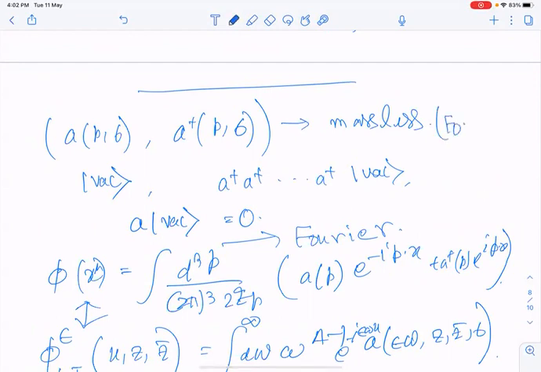Okay, so that is the free theory. So you have the vacuum, then you create states by acting with these A daggers, and A acting on the vacuum is zero. So that's all I have actually.